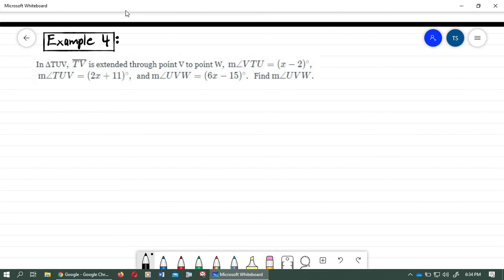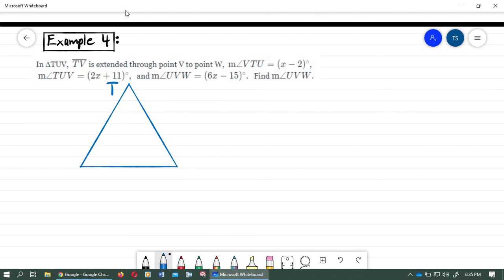All right, so it says in triangle TUV. Guess what, folks? Triangle TUV, that's pretty easy to draw out, isn't it? You draw yourself a triangle, TUV, and you label it. It doesn't even matter which vertex you label as T, U, and V. I could put T here, or I could put T there.